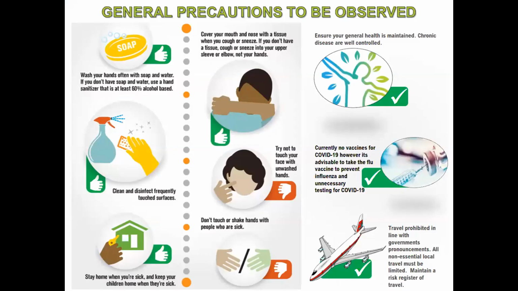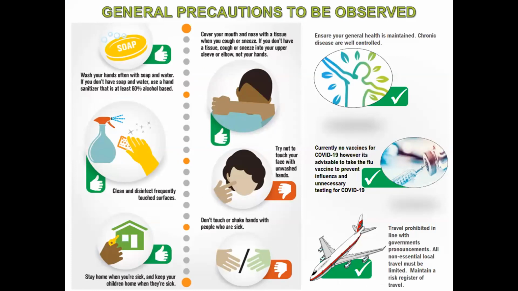And then to stick to the general precautions as a reminder to everyone, this is out in the public domain, but washing your hands, sanitizing when water is not available, cleaning your surfaces, staying at home if you're sick, covering your mouth if you're coughing, not touching your mucosal surfaces, not touching people who may be sick or confirmed to have the virus, and then just maintaining general health.